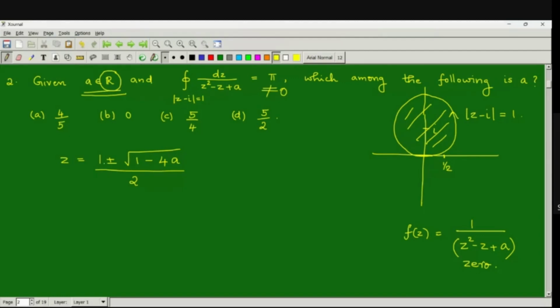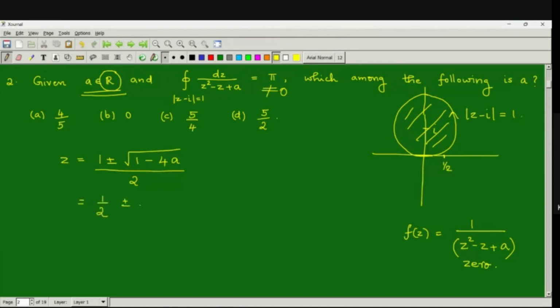If these roots are entirely on the real line, then the zeros are not inside the circle, so of course the integral would have to be 0, but it is not 0. So the roots are not purely real, they are complex. Understood?